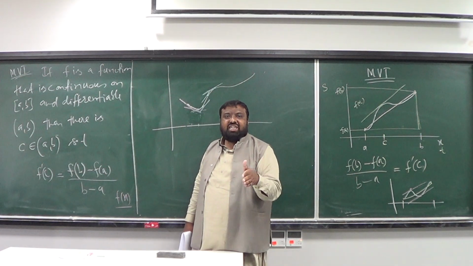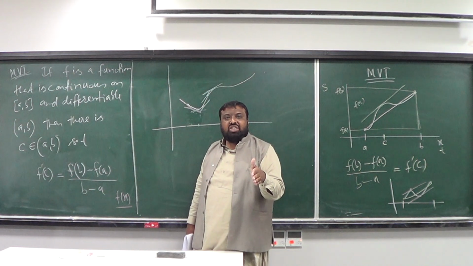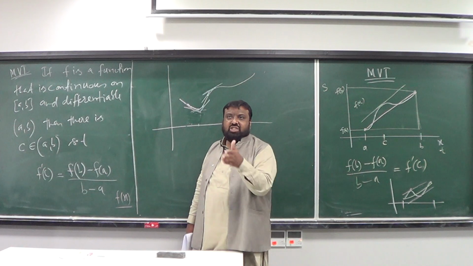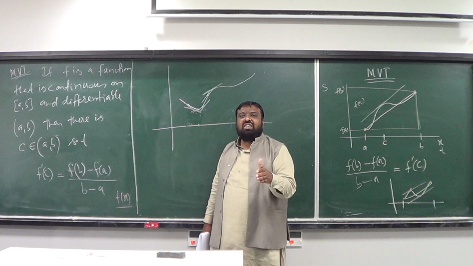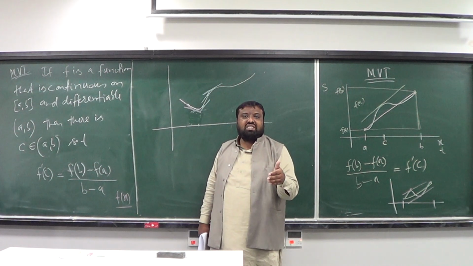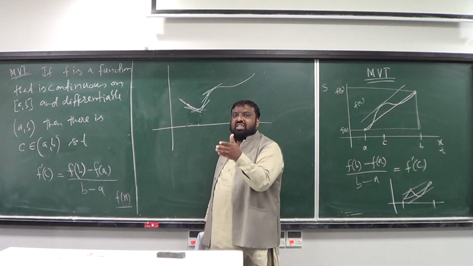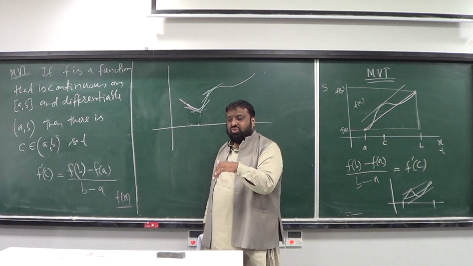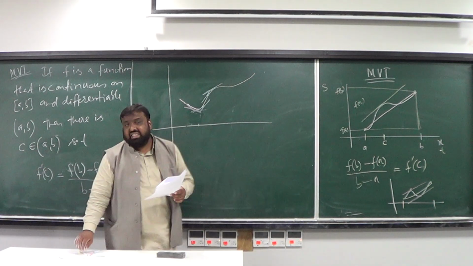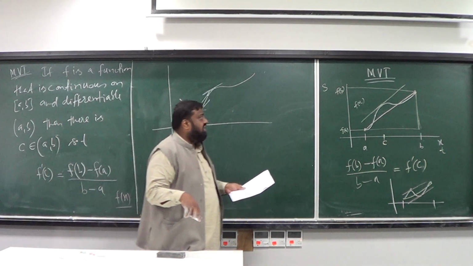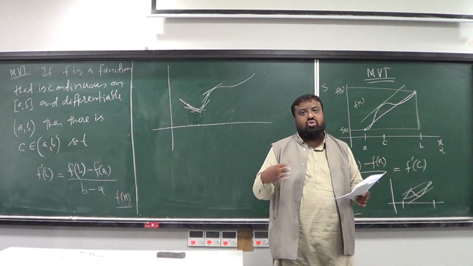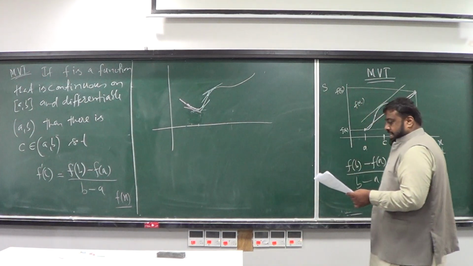And after the critical point, if the derivative of the function is positive, then you're going to say that yes, after the critical point the function has started increasing, and so on and so forth. So the increasingness and decreasingness of a function can be understood completely through the derivatives.